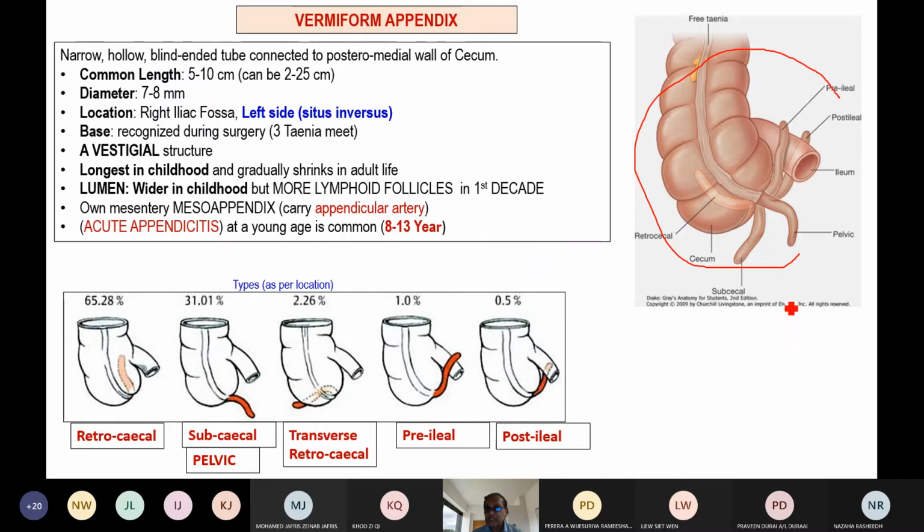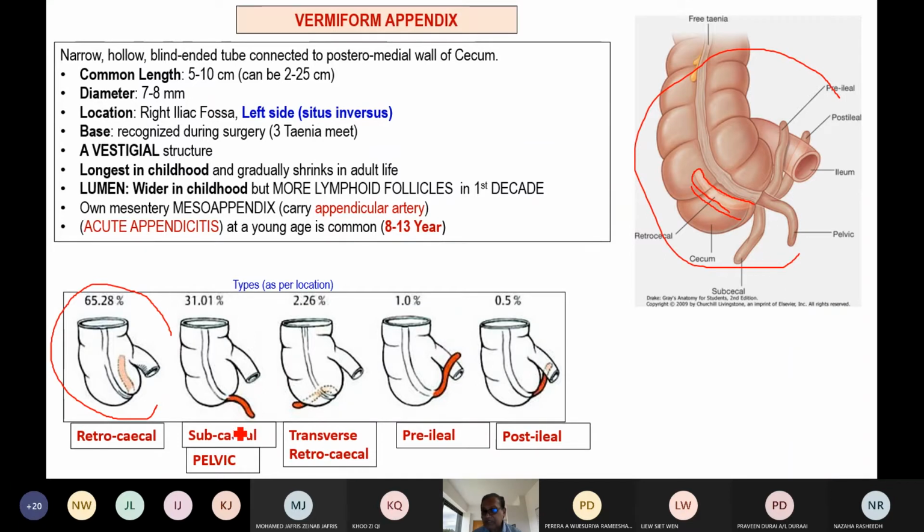Why? Because the position of the appendix is so variable. Nearly 65 to 70% is like this: vertically situated just behind the cecum, hidden behind the cecum, retrocecal. The remaining 28 to 30% is dangling below the cecum, subcecal.